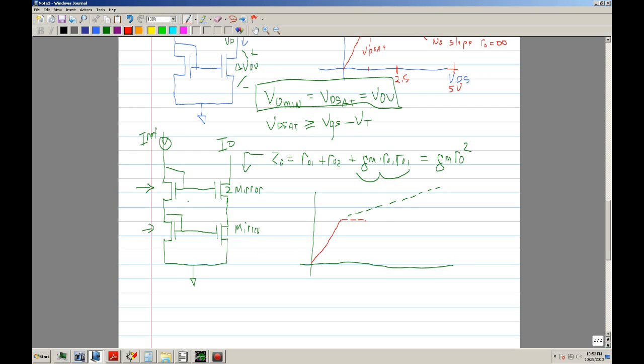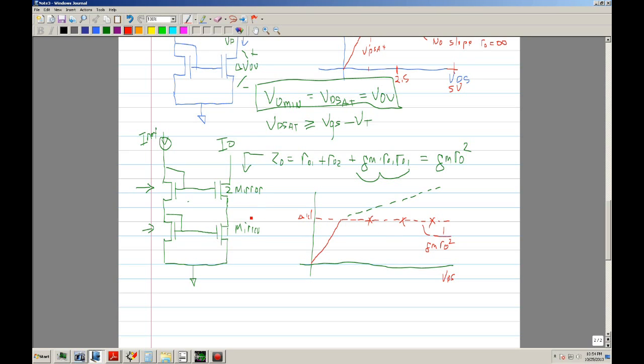In other words, it flattens out. So now this approach is more ideal. If you notice, you can operate here or here or here, and you're still going to have basically no variation, no delta in the ID flowing through that.